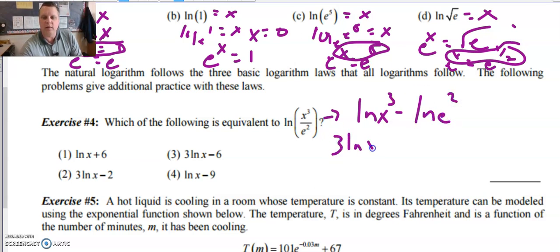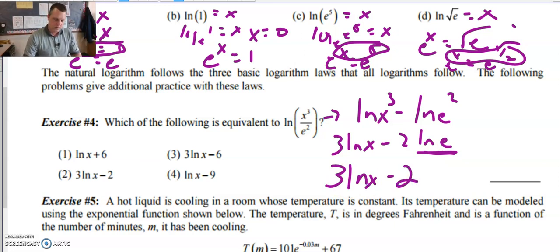So 3 ln x minus 2 ln e. Now ln e, which we already did in example 1, ln e equals 1. So this is 1. So that means I have 3 ln x minus 2. And that is choice number 2.